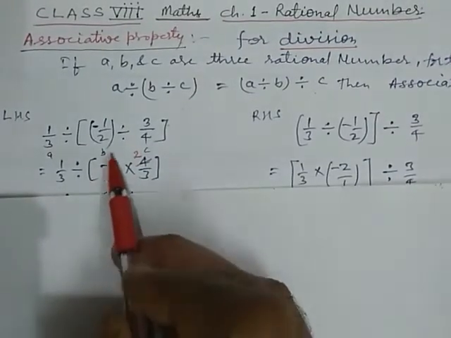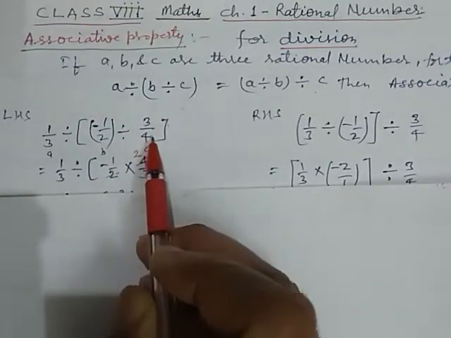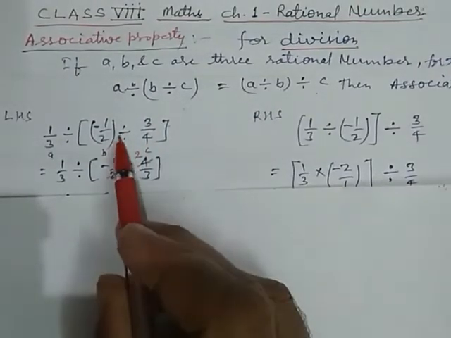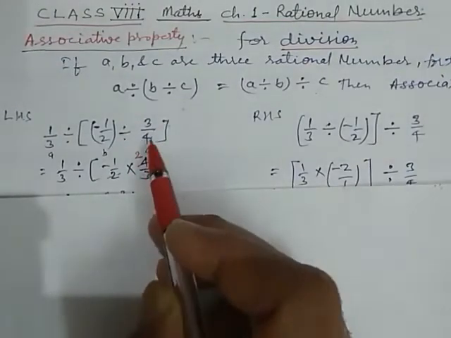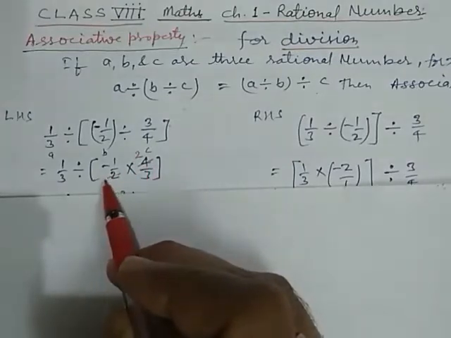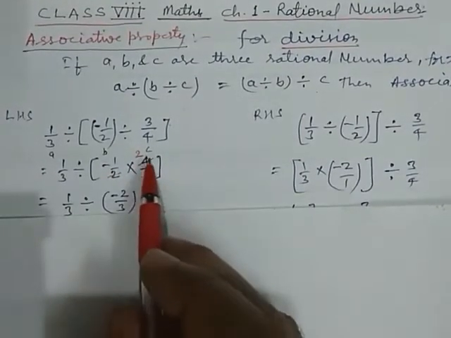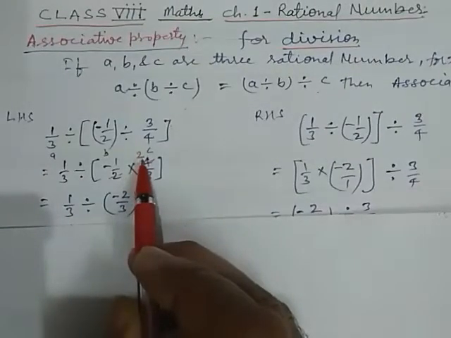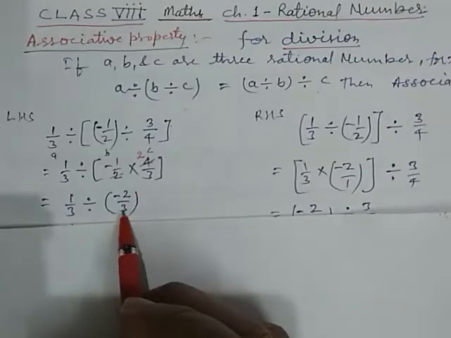Here when we divide minus half by 3 by 4, first we convert the division sign into multiplication and invert the number. 3 by 4 becomes 4 by 3. So this becomes 2 into minus 1, that is minus 2, and 3 by 3.